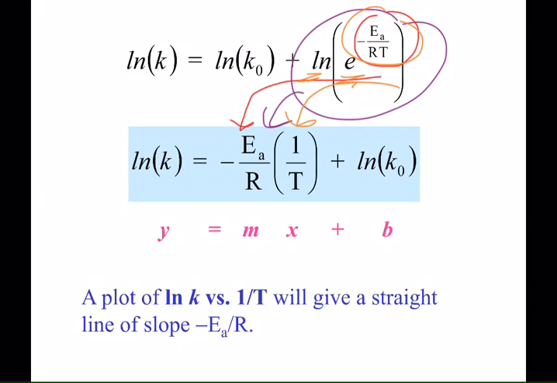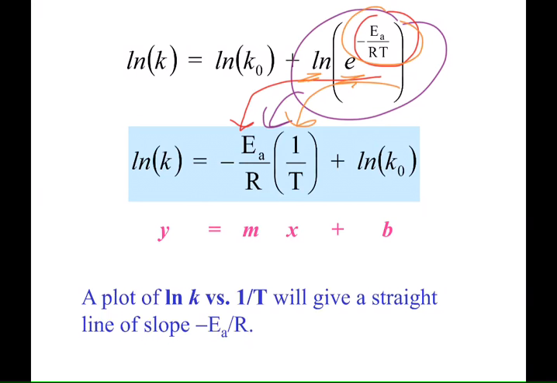Our line will have a negative slope, and the slope will be equal to negative EA over R. That's your Arrhenius plot.